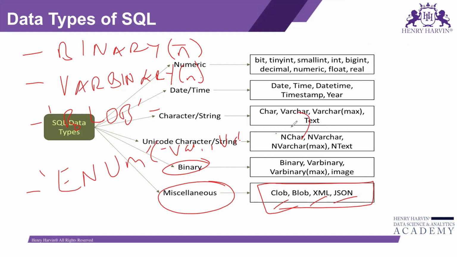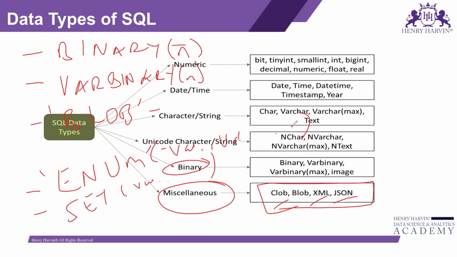Then we also have set. Set is also used for predefined values. So the set will be given, and then you have to give maybe value 1, value 2, value 3, and so on and so forth.